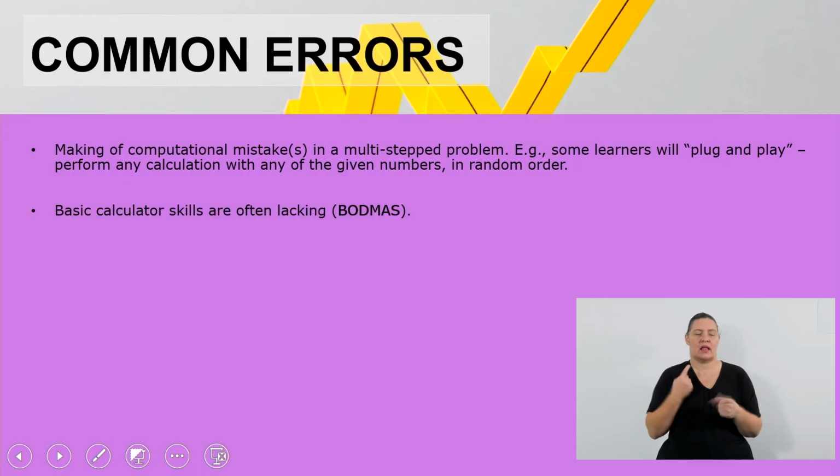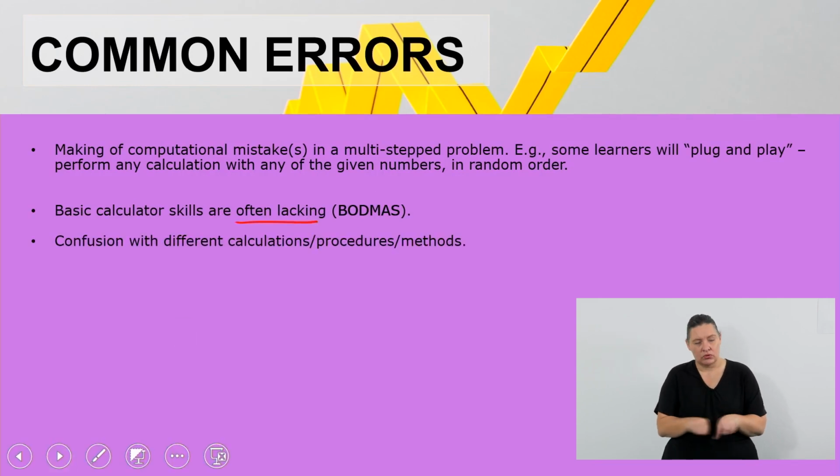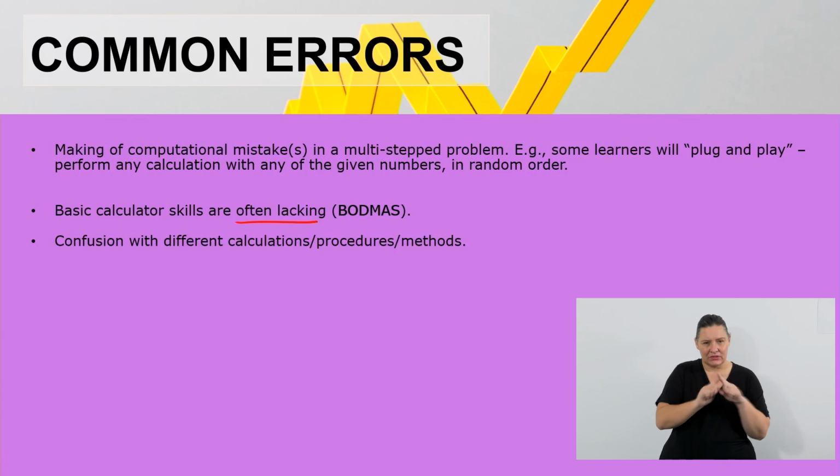Make sure you understand what goes where. No random order calculation. Also, remember, basic calculator skills are often lacking, like for example BODMAS. Apply BODMAS when it's necessary. I also want you to keep in mind that confusion with different calculations, procedures, and methods frequently occurs. So let's avoid that.